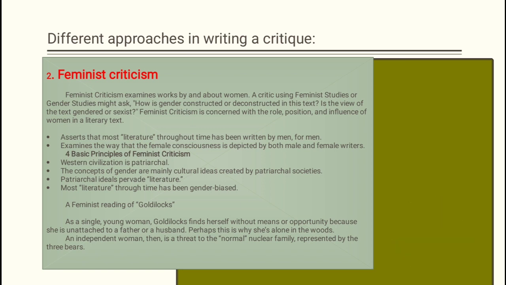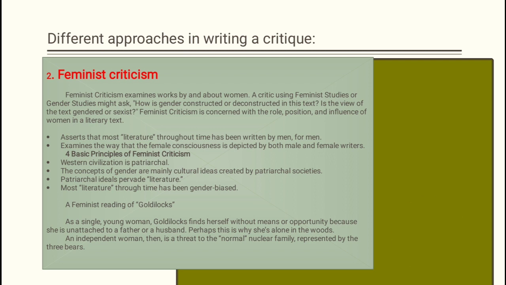A critic using feminist studies or gender studies might ask, how is gender constructed or deconstructed in this text? Is the view of the text gendered or sexist? Feminist criticism is concerned with the role, the position, and the influence of women in a literary text.